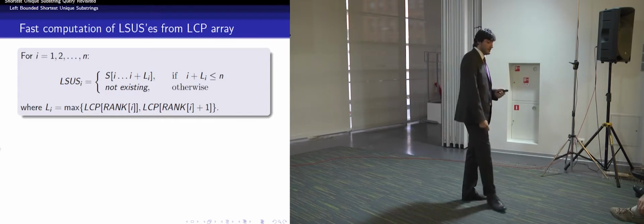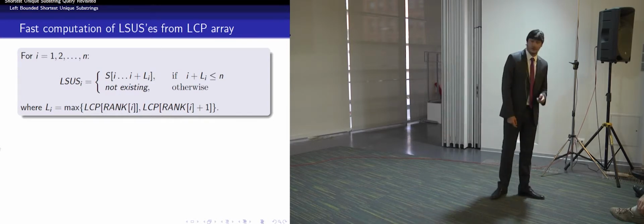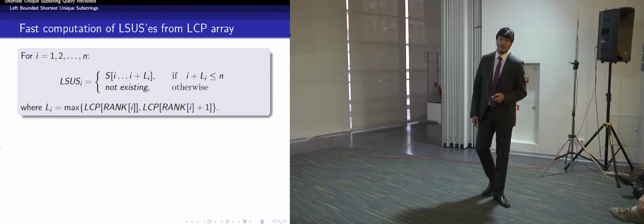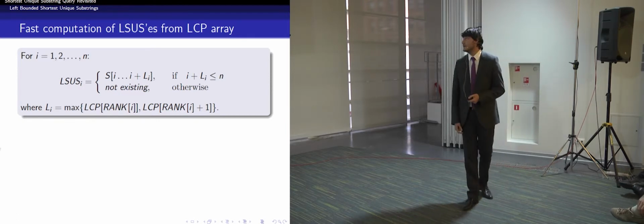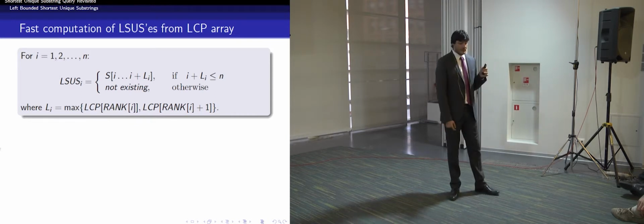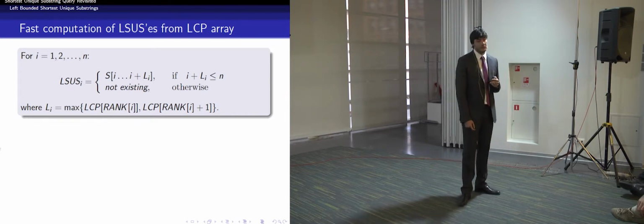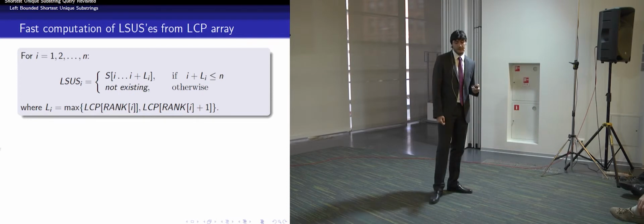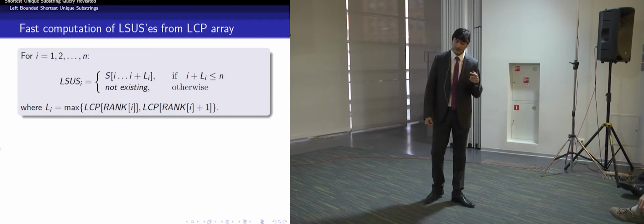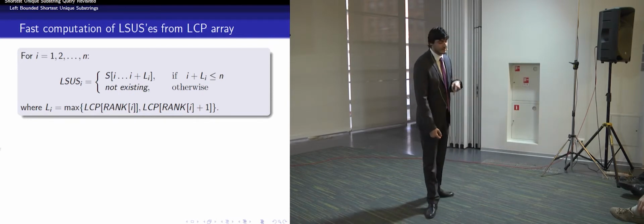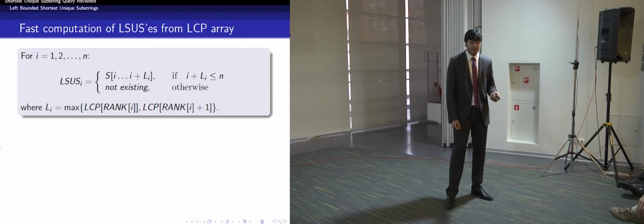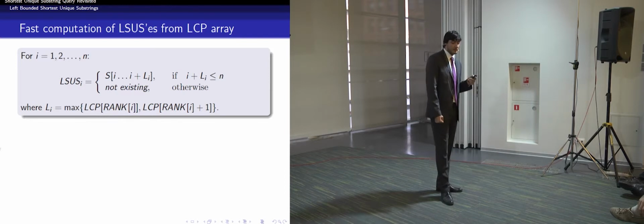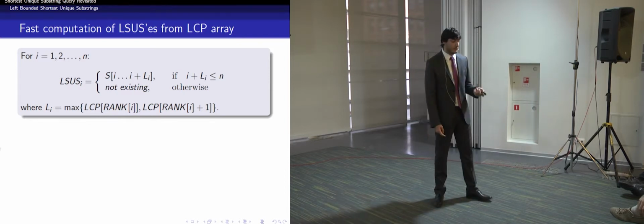We can determine these LSASs in constant time from the LCP array and the rank array. The main observation is that we have to compare suffix i with its predecessor and successor suffixes in the sorted order, because the longest common portion has to be with one of them.